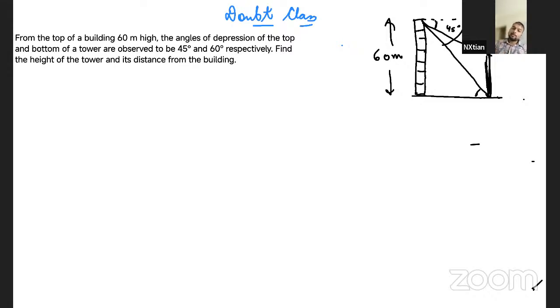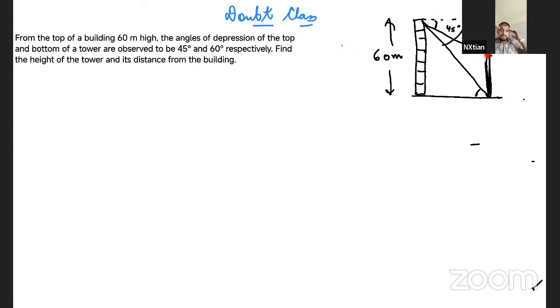Understood, guys? Did you get the diagram? I'm repeating again. From the top of the building, the angles of depression to the top and the bottom of the tower are 45 and 60 degrees respectively. If you stand on the top of the building and look at the top of the tower, it creates 45 degrees.